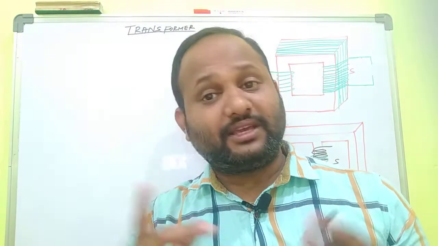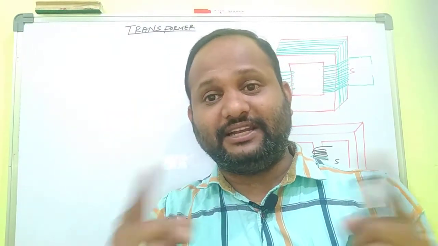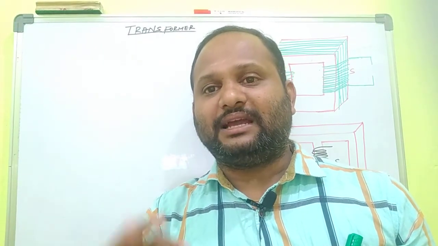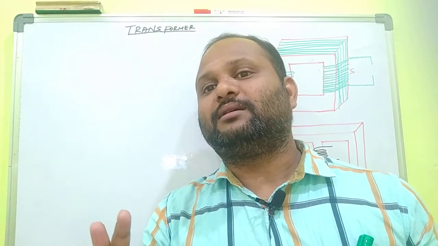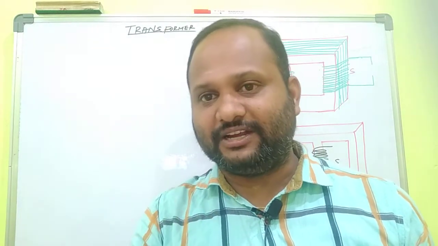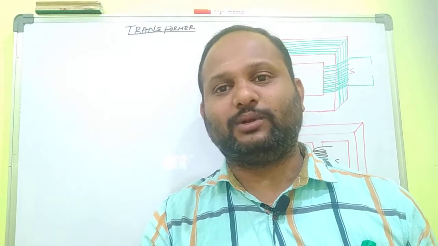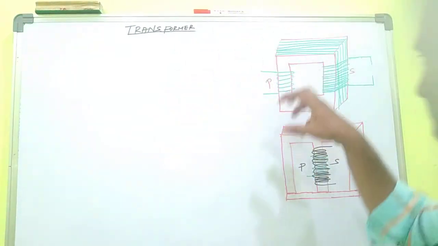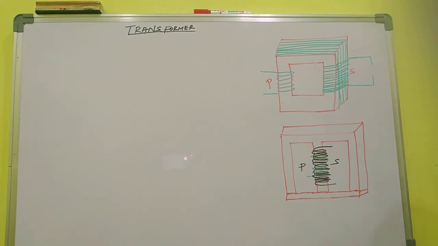We can interchange the windings. There is one reason for less number of windings in the primary and large number of windings in the secondary. I will tell you later. This is the description of the transformer.